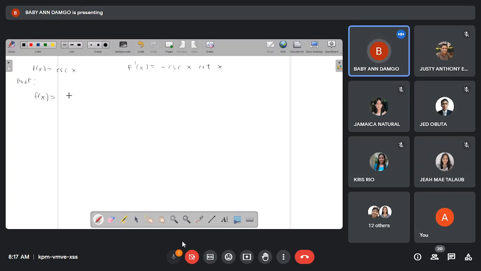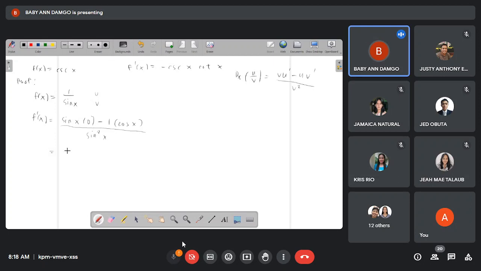The derivative of u over v is v u prime minus u v prime all over v squared. So v is sine x, u prime is the derivative of 1, which is 0, so minus 1 times v prime, the derivative of sine x, which is cosine x, all over sine squared x.